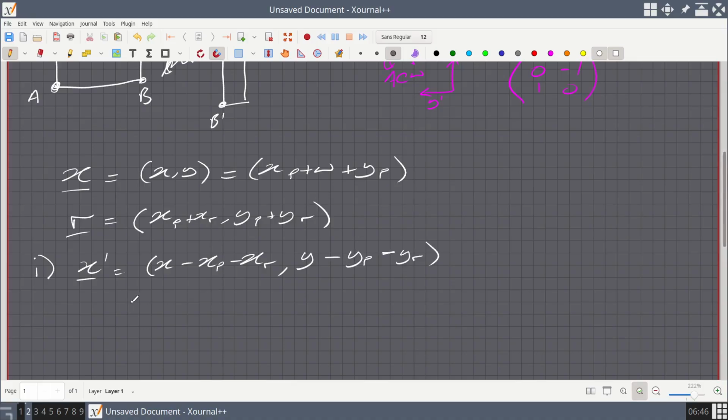We substitute this value in, then the xp's will cancel, and we get left with w minus xr, right? And in the y direction, the yp's cancel, we get left with just minus yr.